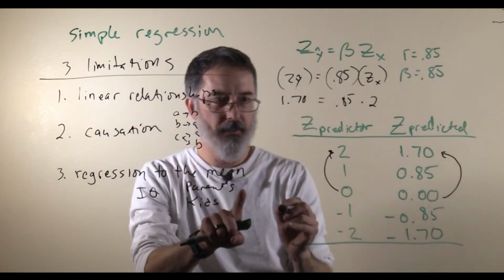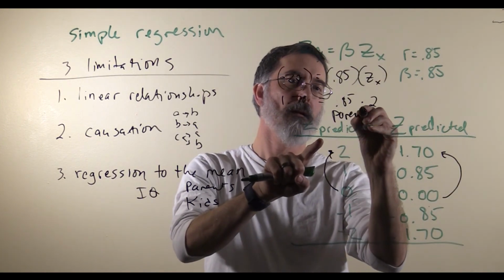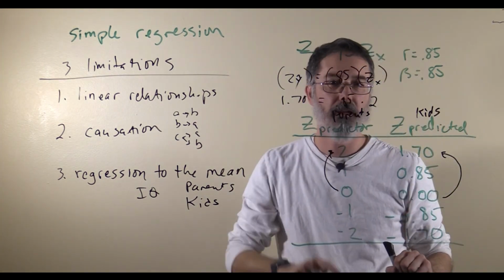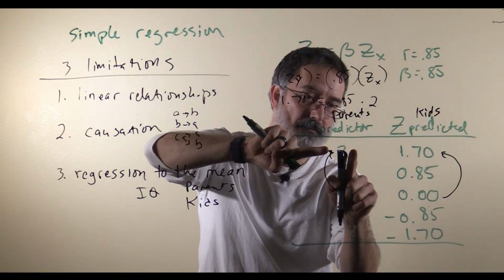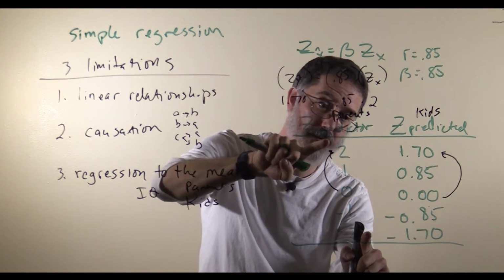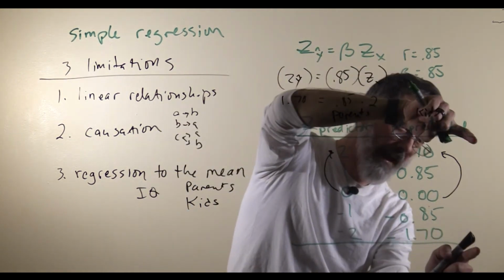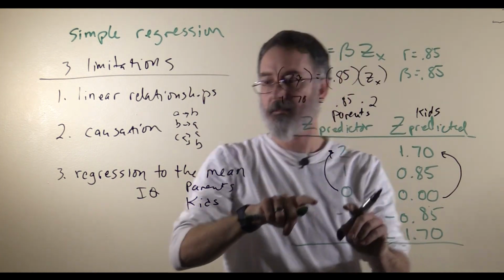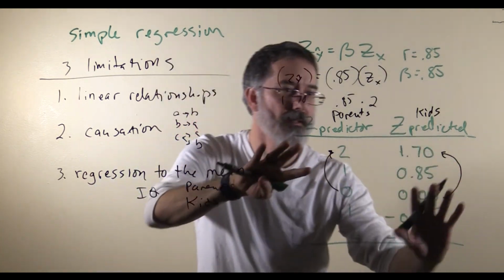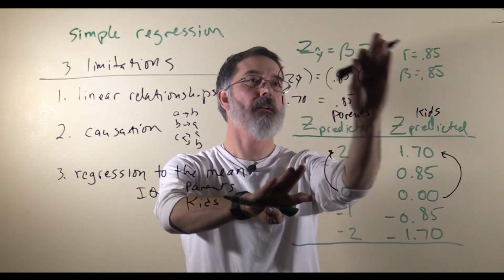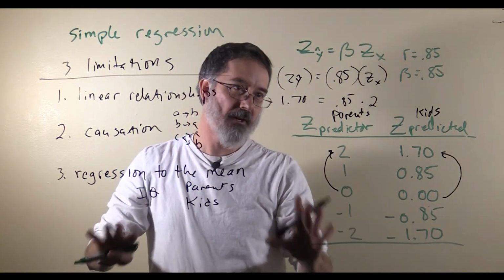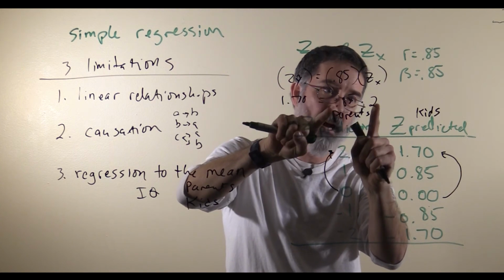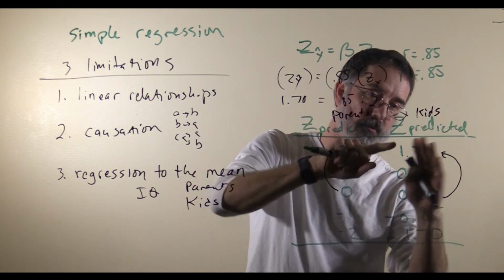And what he found out is if he used parents' IQ to predict their kids' IQ, if the parents were really extreme, really intelligent or really unintelligent, either way, their kids tended to be closer to the average intelligence. So it turns out that this regression to the mean, not only does it happen when we use our equation, but it actually is a phenomenon that happens in the real world, where if you use more extreme predictors, you pretty much always get less extreme actual outcomes in the world.